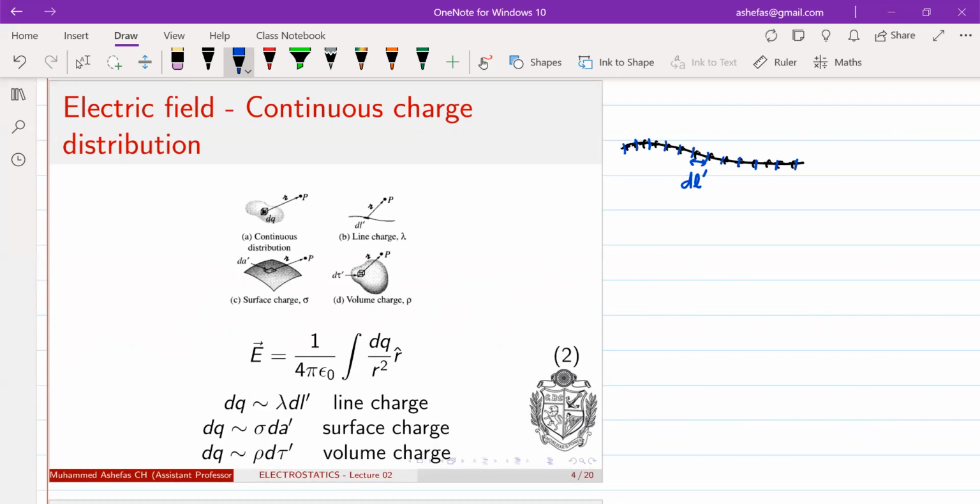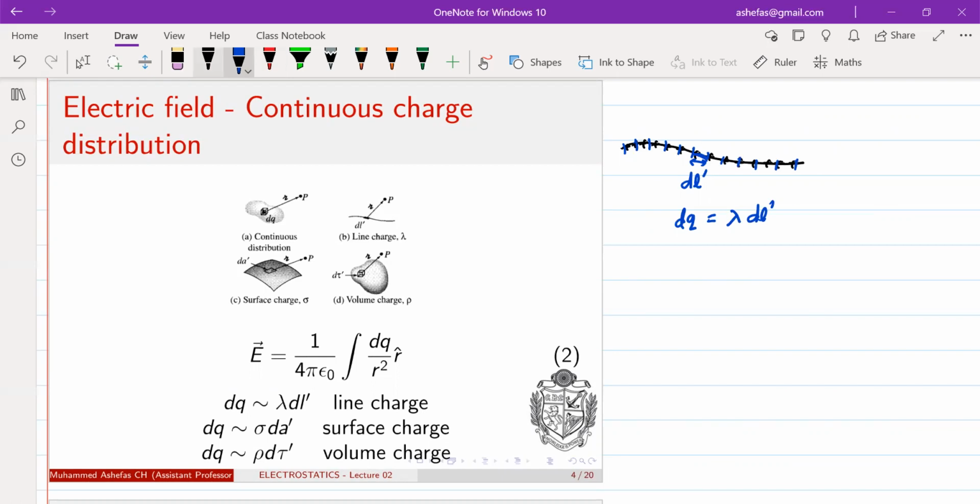Then the amount of charge in that small length we can represent as dq, and dq would be equal to the charge per unit length times length. So the amount of charge in this infinitesimal length would be lambda dl prime, and that is represented by the symbol dq.